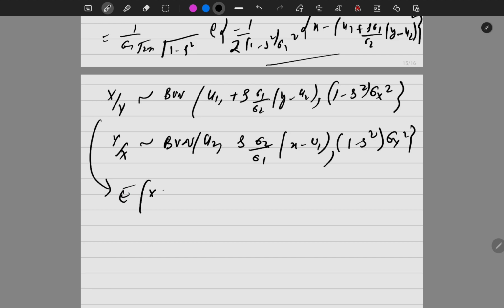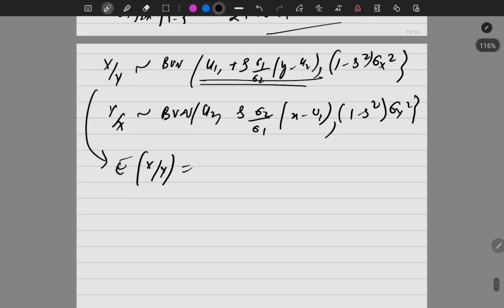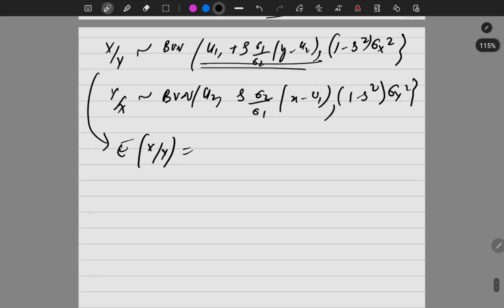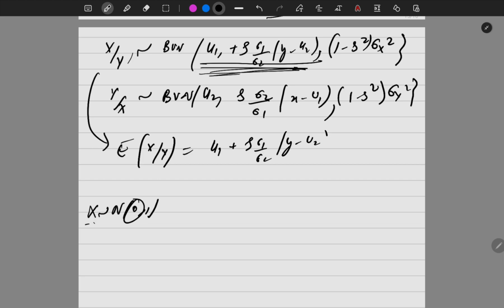So expectation of x given y will be this term. As you may know, when we talk about x following normal 0 comma 1, the expectation of x will be 0. So from here, expectation of x given y is equal to this term, which is mu 1 plus rho sigma 1 by sigma 2 (y minus mu 2).